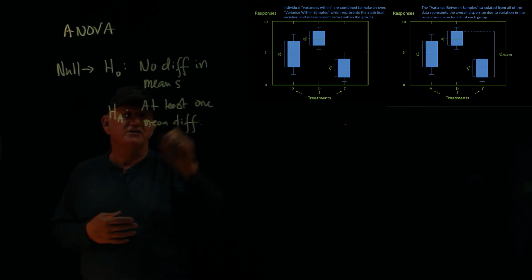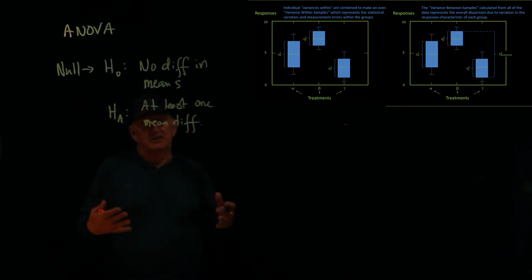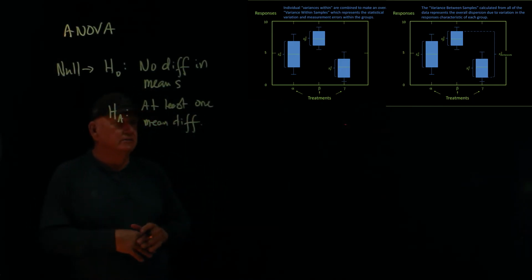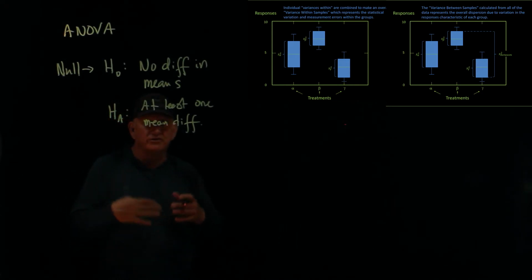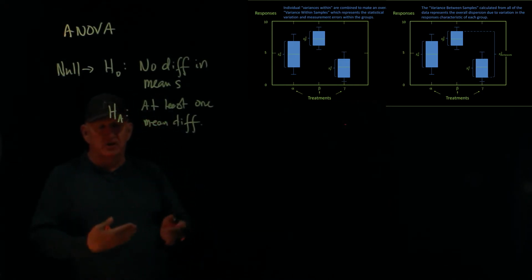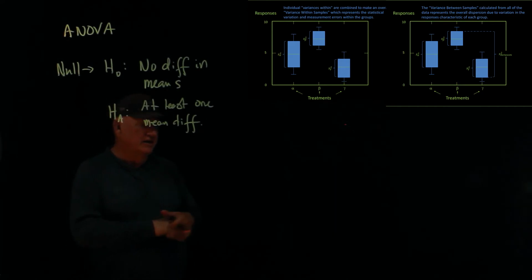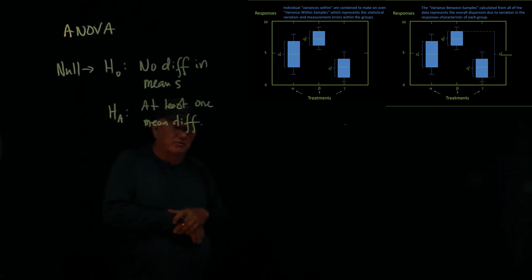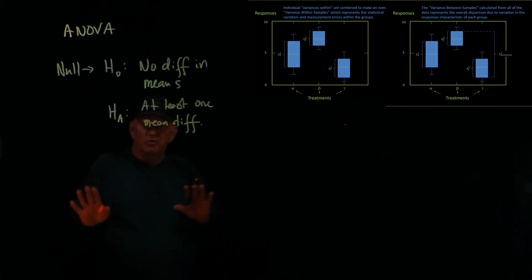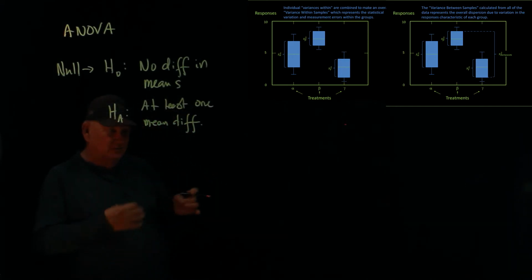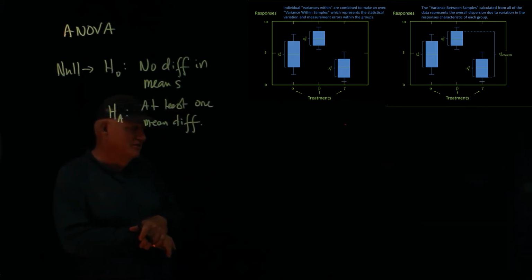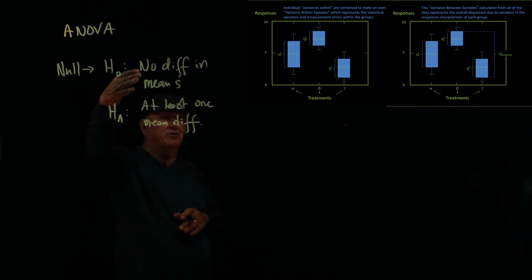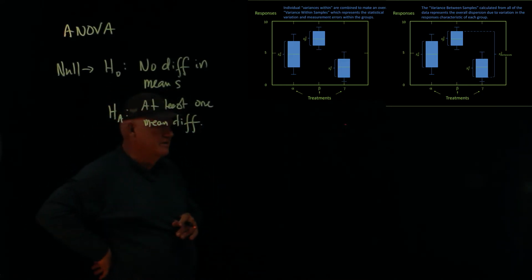And I told you last time, I hope that's enough for you, because ANOVA does not identify which mean. There could be two means, it could be three means, there could be any number of means that are different, but ANOVA won't give you any idea what it even means to be different. It'll just distinguish whether they're all the same or they're not all the same.